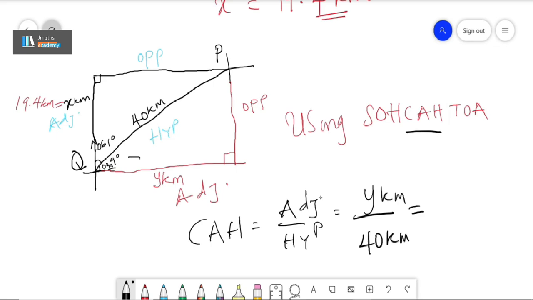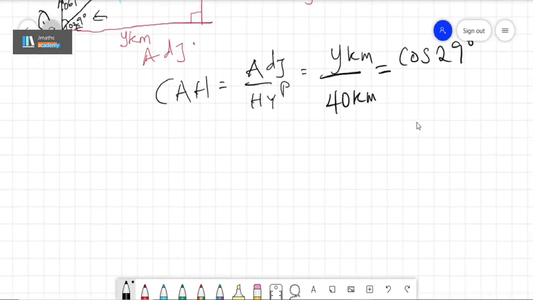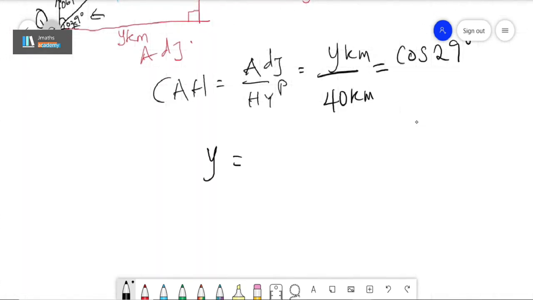Here the angle is different, because it is 29 degrees. So we'll have y equal to 40 multiplied by cos 29 degrees.